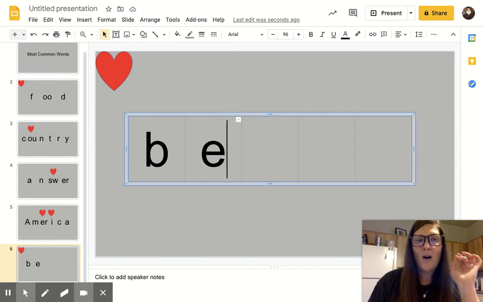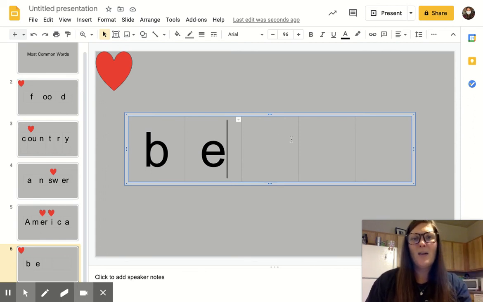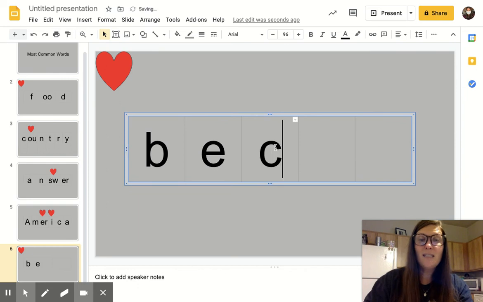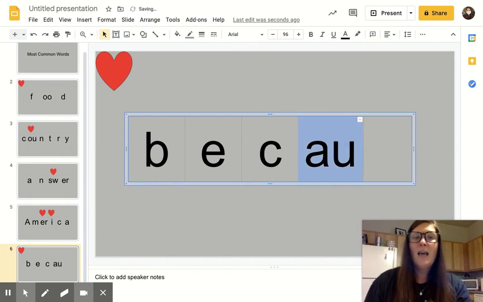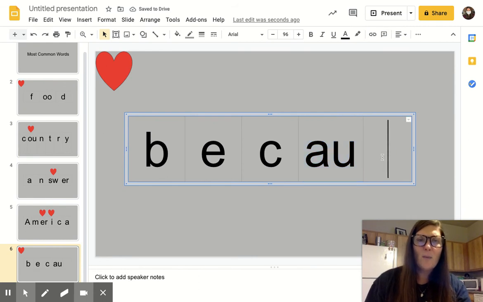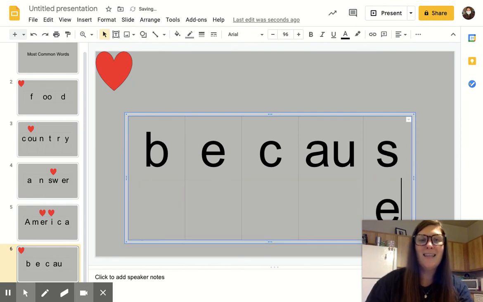K, A, Z. The K sound is a C, and the A sound is A-U. Remember, that's in the middle of the word. It'll be A-W if it was at the end. And Z at the end of the word is normally just spelled with an S, right? But in this word, it's spelled with S-E.